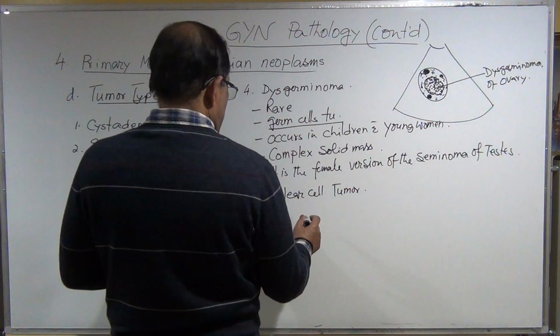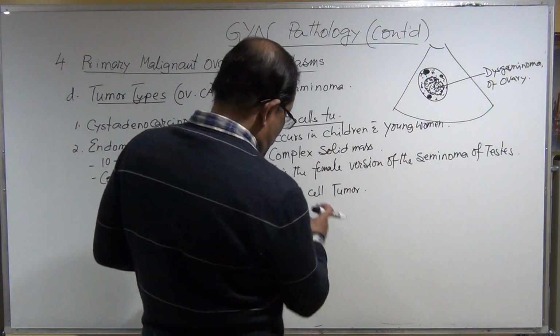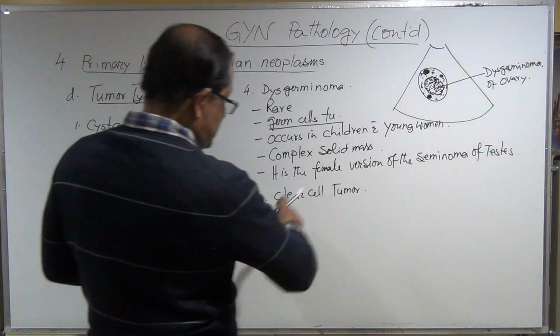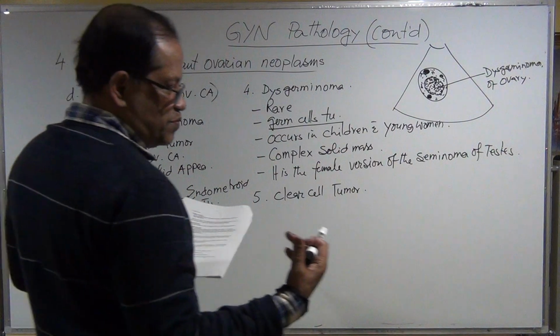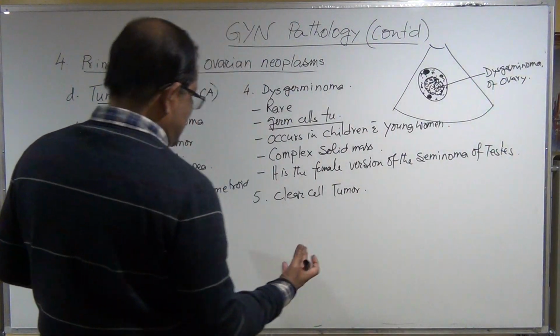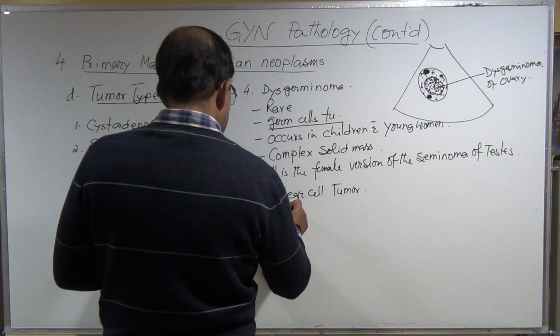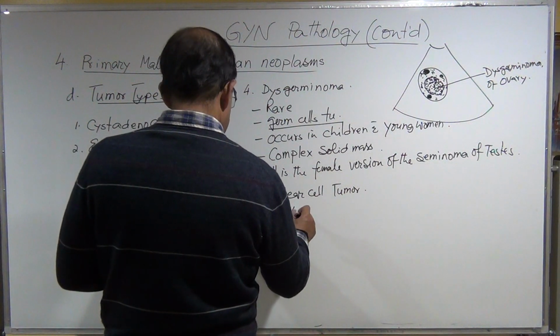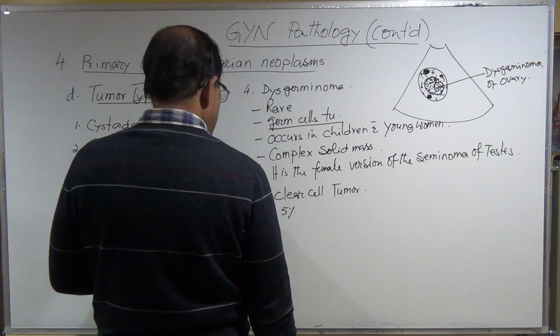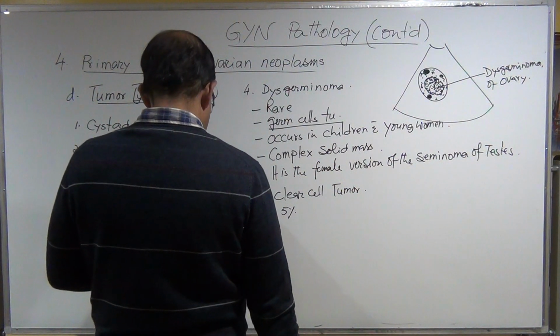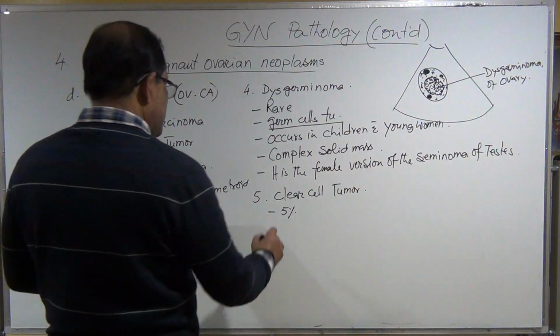Clear cell tumor, because the cells found in this tumor under the microscope are transparent, nothing inside, like empty. That's why it's called clear cell tumor. And this could be 5% of ovarian carcinoma, and it is a large cystic mass.